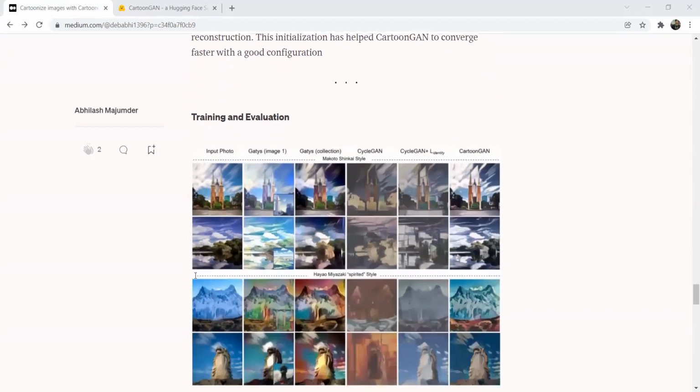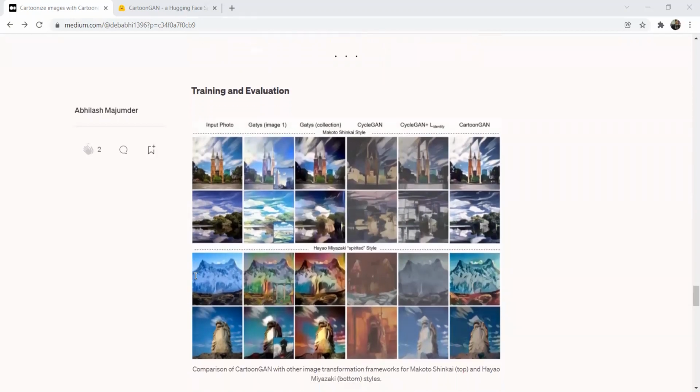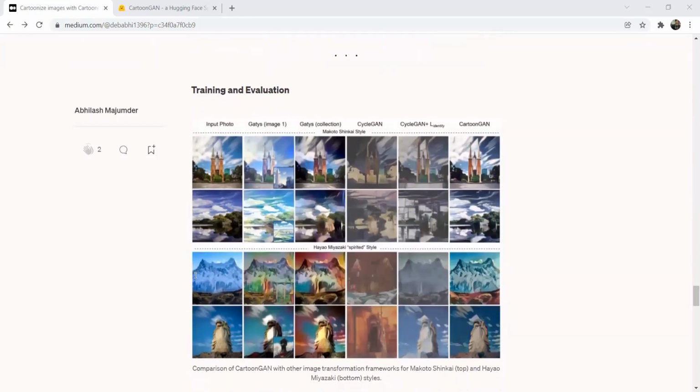In the training and evaluation stage stated in the paper, we see that this is the input photo, and they have compared the performance of CartoonGAN on different Japanese anime styles. That is the Makoto Shinkai style, and the Hayao Miyazaki Spirited Away style. We see the transformations of these different architectures and their comparison with CartoonGAN.